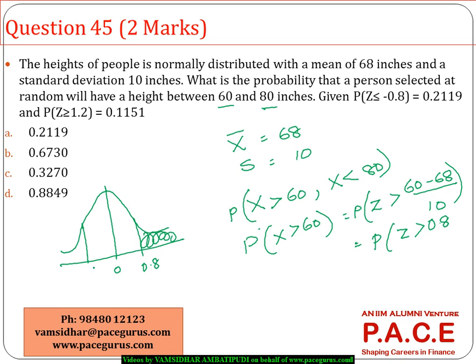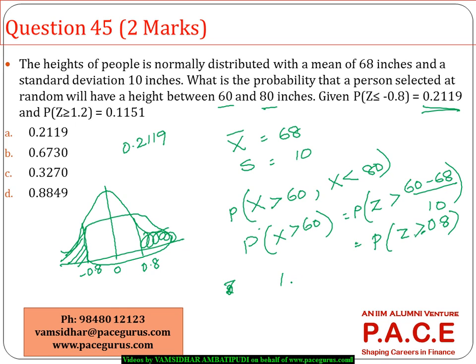This would be, by symmetry, the same as z less than 0.8. And it is given to us that the probability of z less than minus 0.8 is 0.2119, right? So z greater than minus 0.8 is the remaining portion, this entire thing.